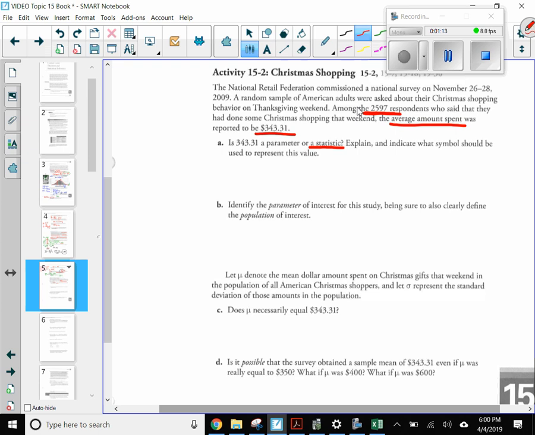So is that a categorical variable, or is that a quantitative variable? Well, that is a quantitative variable. It is not categorical. It's money, and it's continuous. So that means that is our x bar, or I frequently use y bar. So x bar is equal to 343.31.